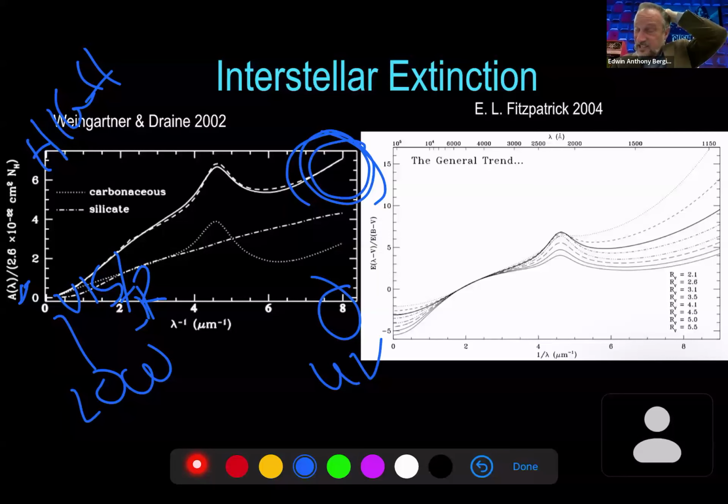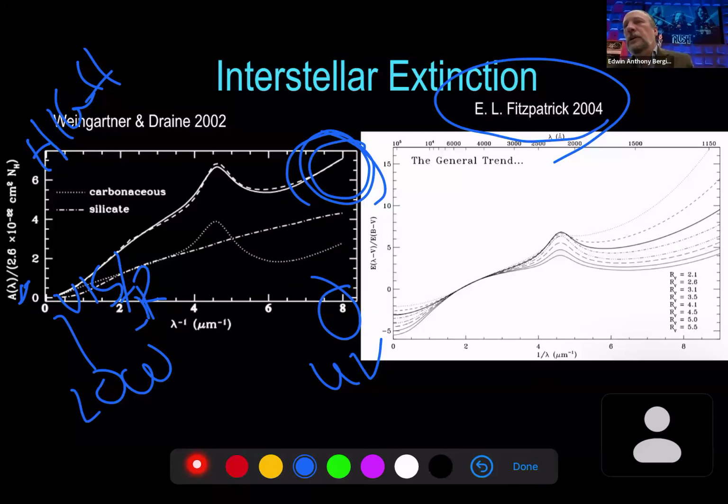The dust absorbs more starlight preferentially in the UV than it does in the optical and in the infrared. And this is a really beautiful paper from a while back showing that different parts of the galaxy have different amounts of dust, what we call extinction, but you can think of that as absorption.